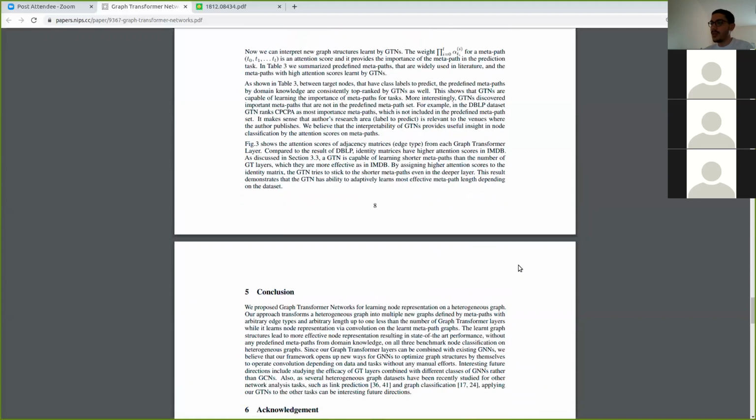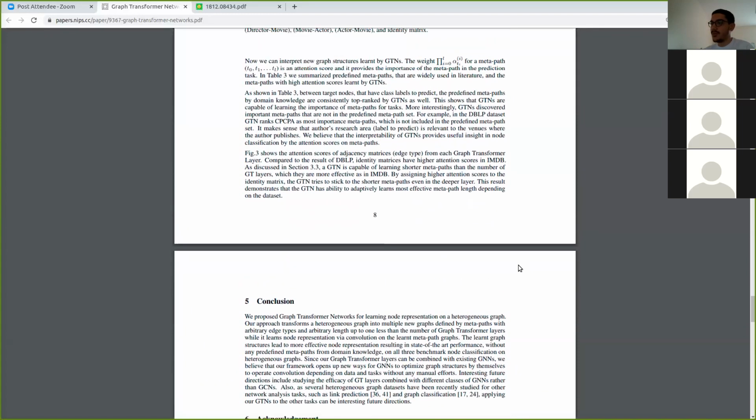Okay, so I think we've reached the end of the paper. I can't actually remember what is said in the conclusion, but I guess it just summarizes what the paper is about. It would be interesting to talk about an actual attention mechanism on a graph, if that hasn't been done before.